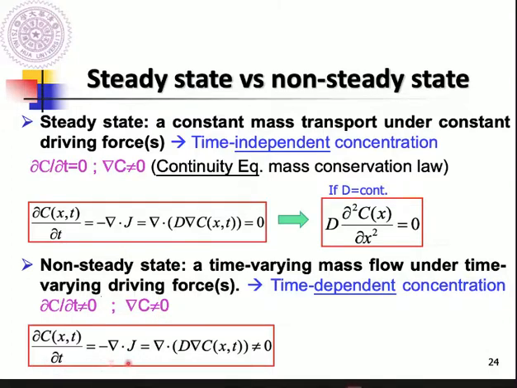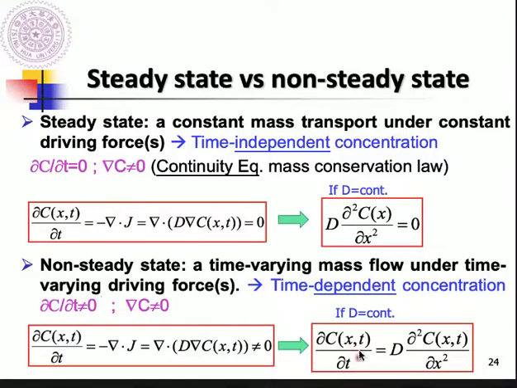So we also write down the continuity equation, and we substitute J with diffusivity times the concentration gradient. Because this term is not equal to 0, we need to solve this diffusion equation with two parameters, and also assume that diffusivity is constant, so we pull it out, and you get this diffusion equation.